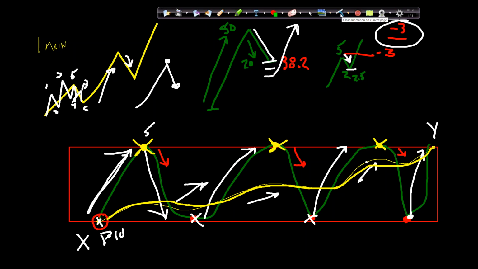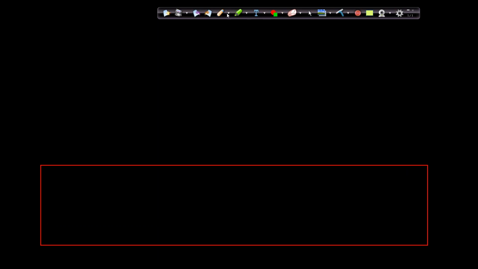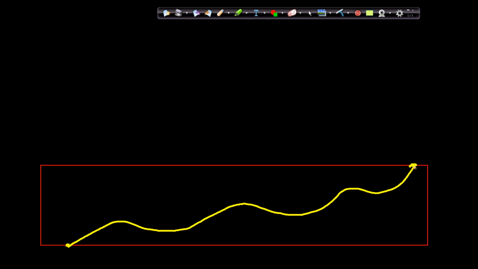Try it this way. What you're going to see sometimes, same deal, same setup, where your power 10 is essentially being lifted, it's cycling. But what you're going to see with your 1-minute waves is this.